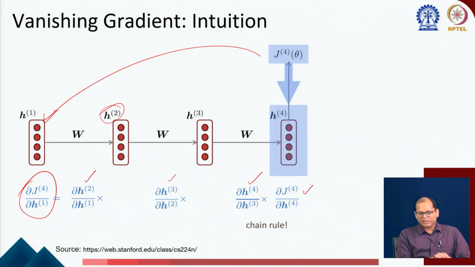Now in each of these I will have a term, and I have to multiply all of these values to get the contribution that H1 has on the loss, so that I can update parameters.